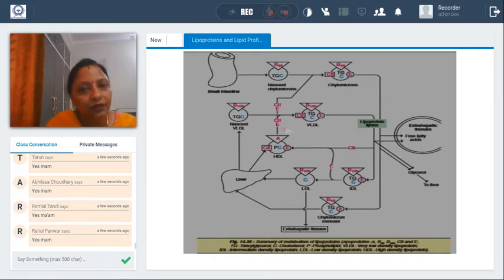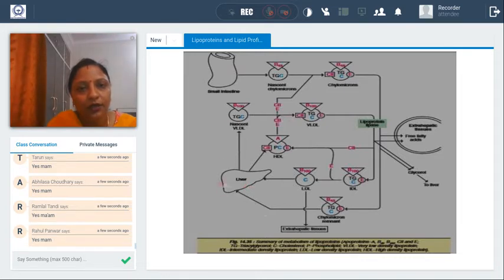Nascent VLDL by this APOC2, you can see SDL metabolism, E, then extrahepatic tissues, this enzyme lipoprotein lipase, goes to liver, and this LDL here, B100, and this goes to liver.